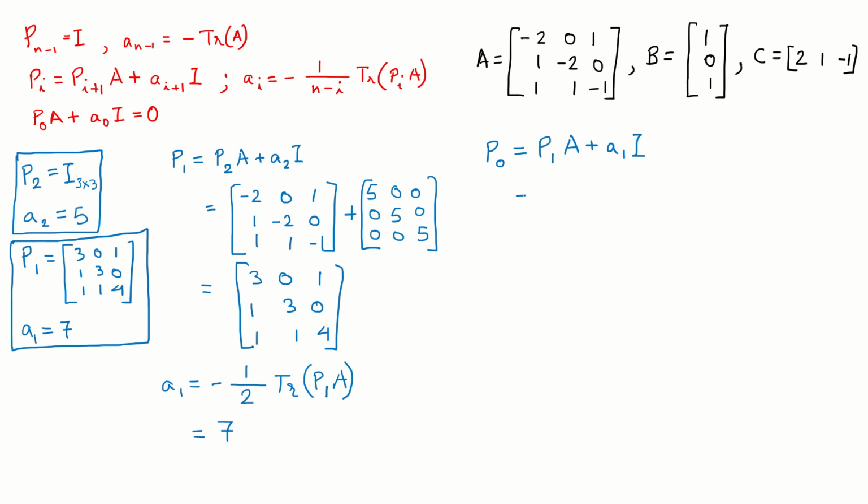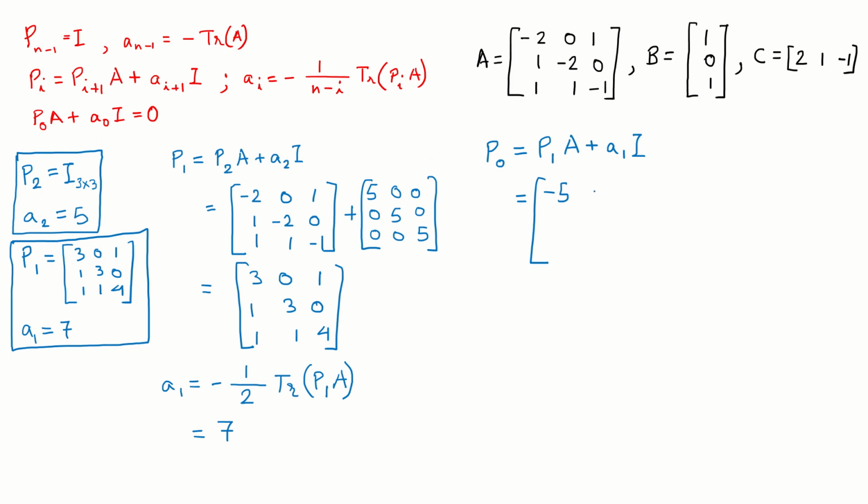So what is P1A? P1 we know, P1 we have calculated. P1A also we calculated, we just removed it. So probably it is better that you refer to that. I will refer to my notes. P1A is this. You get them one by one actually.